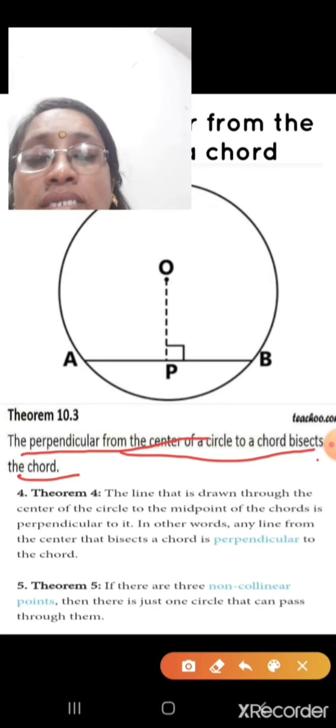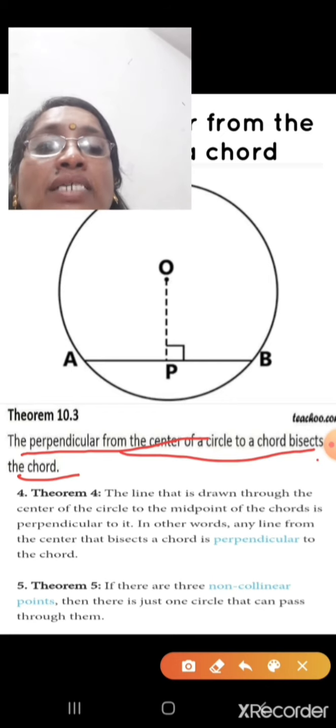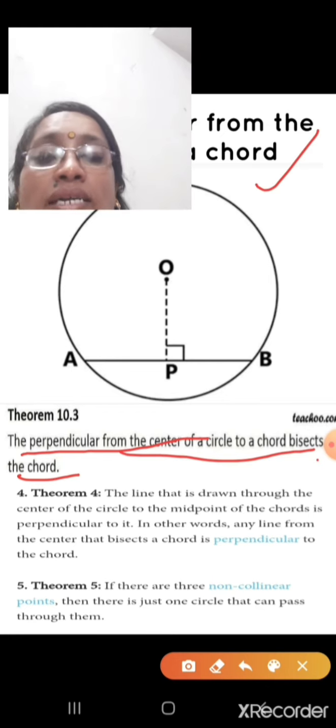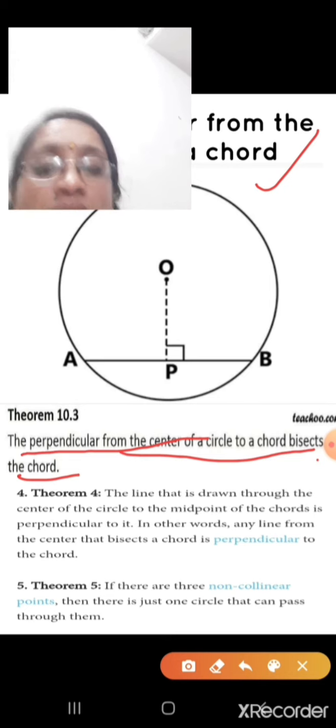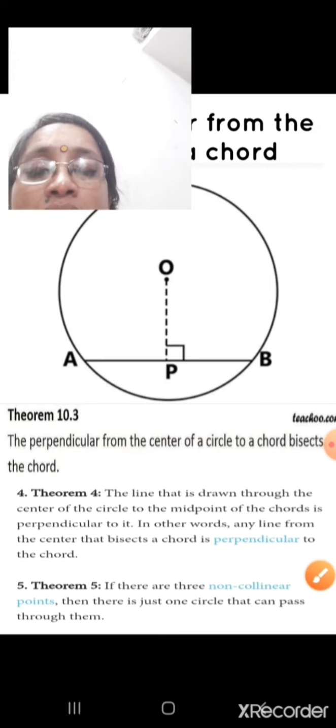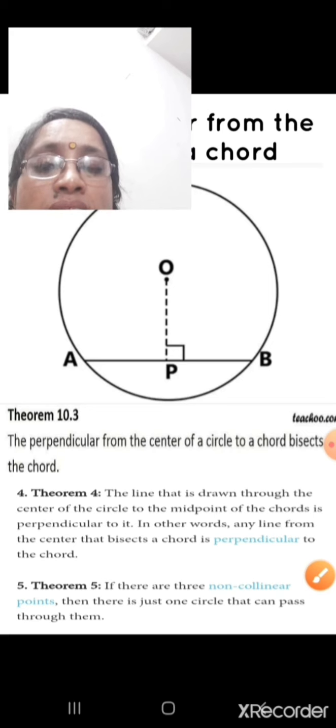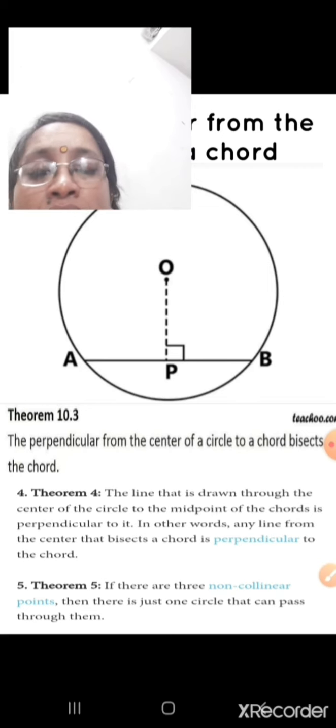Next, two more theorems are there in the same section, perpendicular from the center to the chord. What about theorem 10.4? The line that is drawn from the center of the circle to the midpoint of the chord is perpendicular to it. In other words, any line from the center that bisects a chord is perpendicular to the chord.